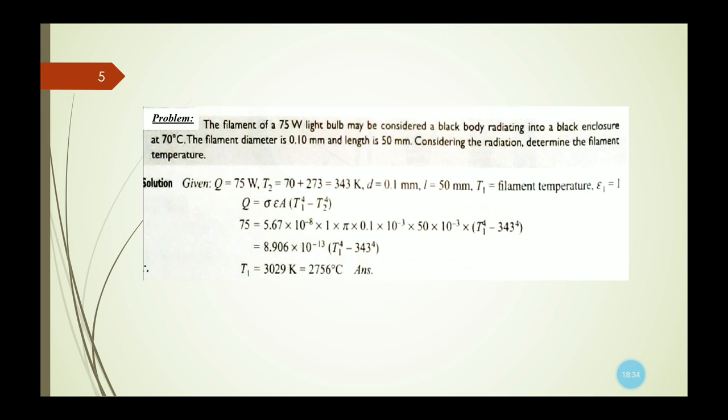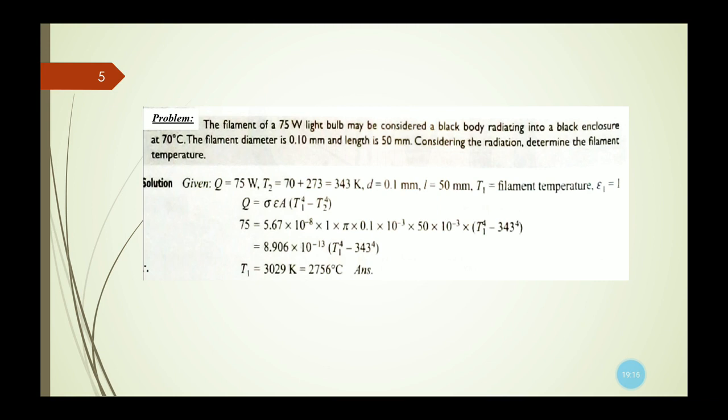The value of T1, the filament temperature, we need to calculate, and the value of T2 is given in this question, which is 343. Now if we put all these values in this equation, then after 2 or 3 steps we will get the filament temperature as 3029 Kelvin. It can be represented in degree centigrade also, which is 2756 degrees centigrade.